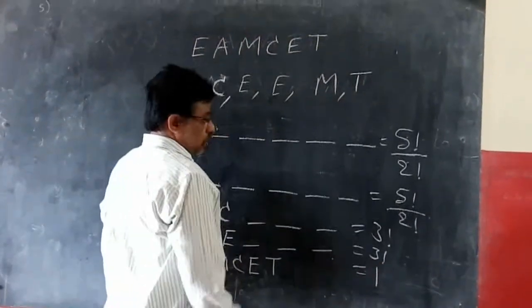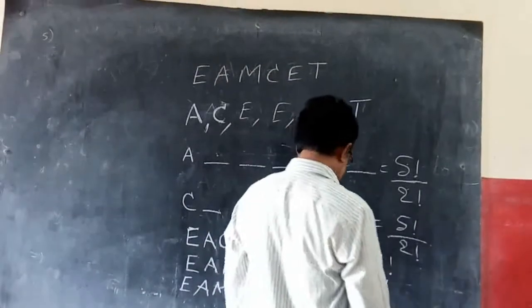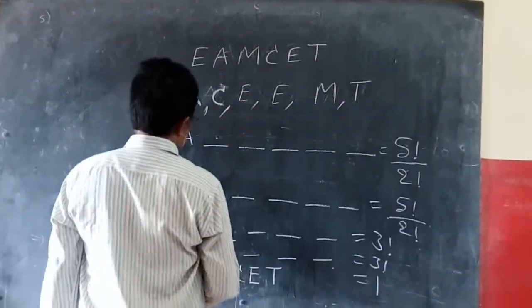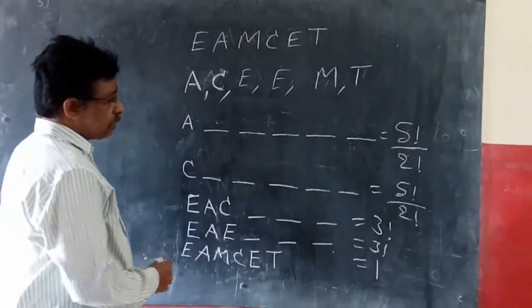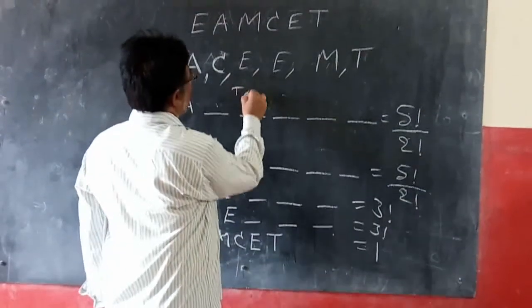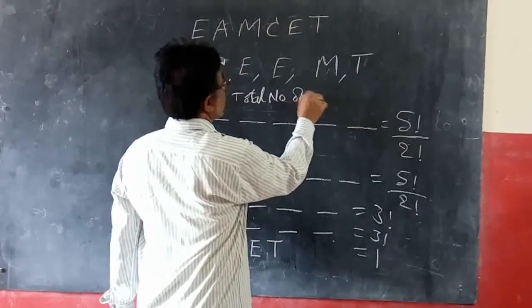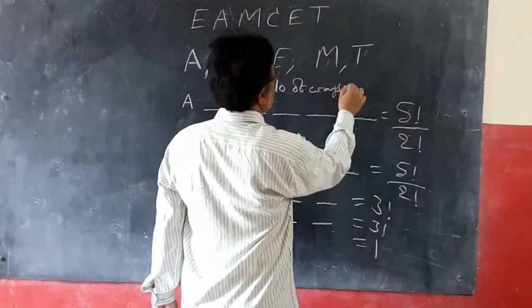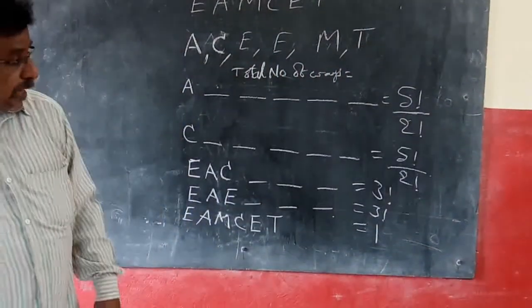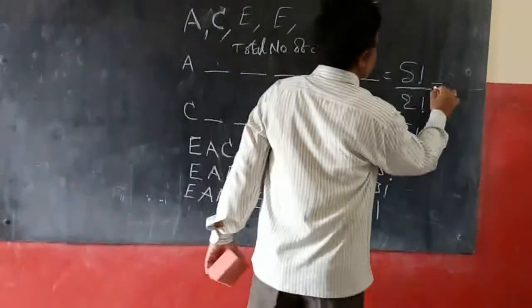So the total number of ways is 5 factorial by 2 factorial, which is 60.